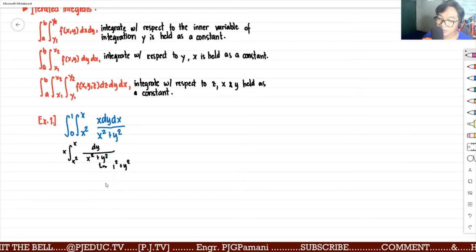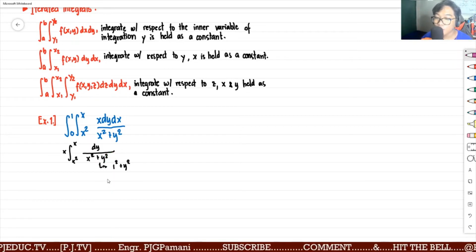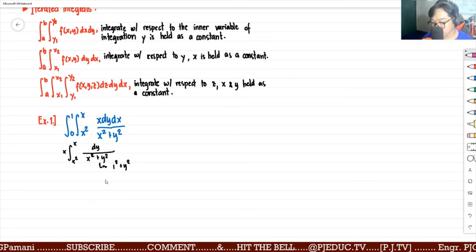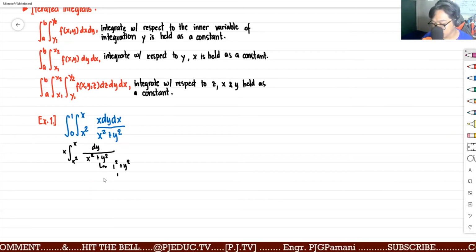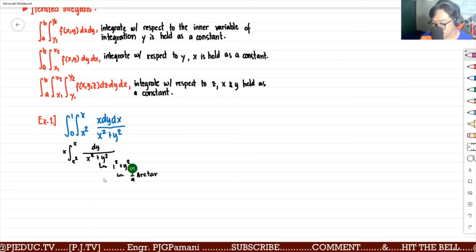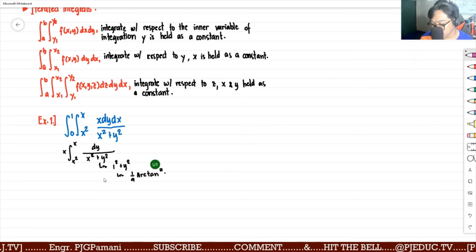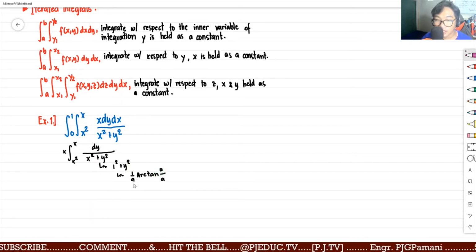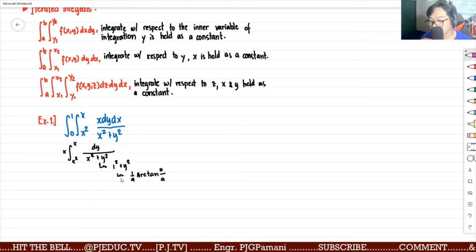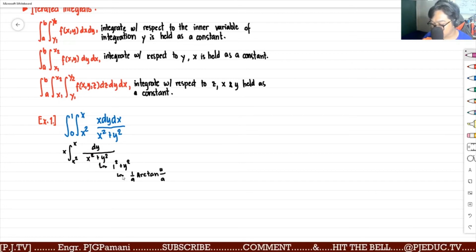If that is 1 squared plus y squared, remember your integration formula. That is formula 15, transformation: 1 over a of arctan of u over a. Diba? Ang a natin is the constant 1 and ang u natin is your y. So we could then easily substitute that in that expression.